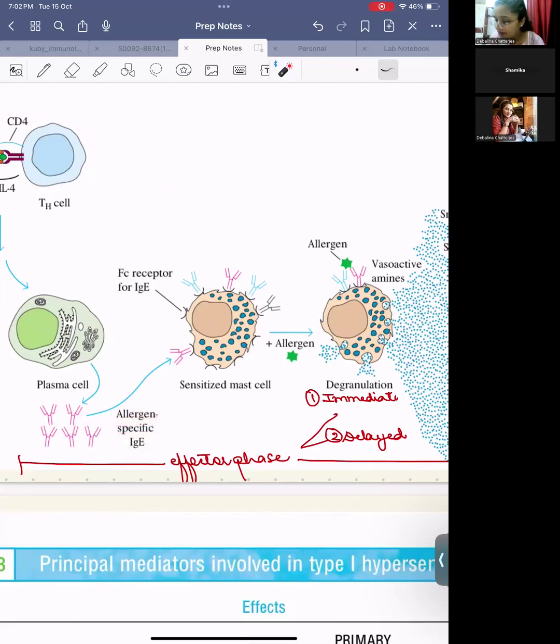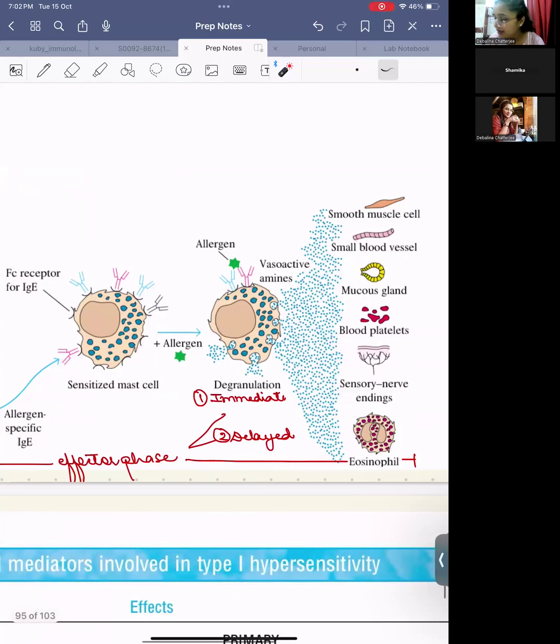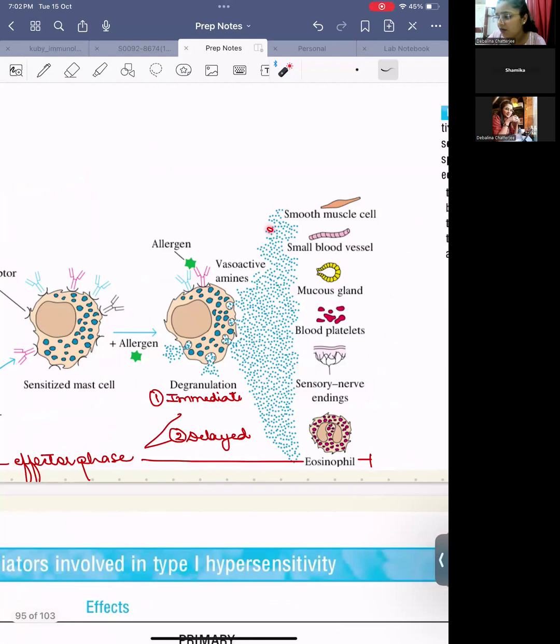Now we will have these released IgE molecules binding to the Fc receptors on your mast cells. Because of this binding, we will have degranulation of the mast cells. So these blue dots you see are all the vasoactive amines that have come out. And eventually, because of that, we will see a lot of responses, which are all hallmarks of inflammation.